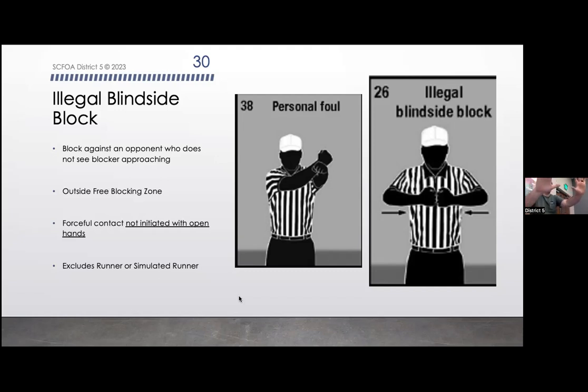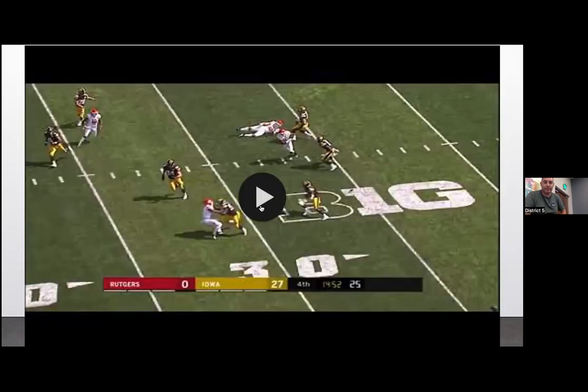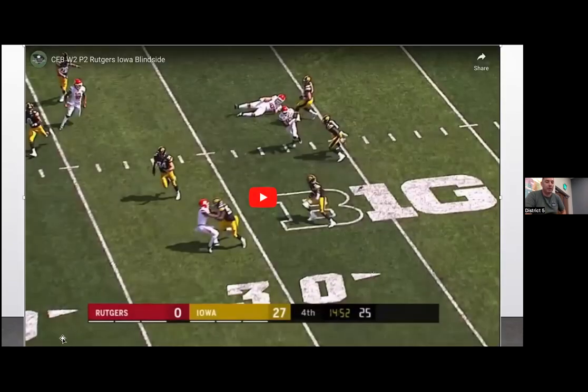That's legal. If you use your hands, you can get them from the blind side all day long. If you use your shoulder, if you drive into them like this, am I using my hands? No, that's illegal. These can get very tricky. You've got to see the entire play. If you just see part of it, you're going to get it wrong.